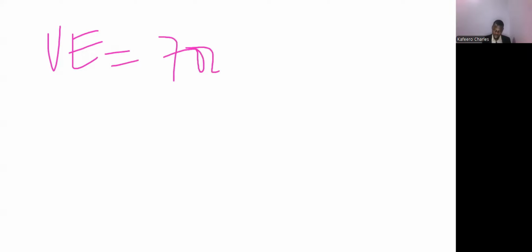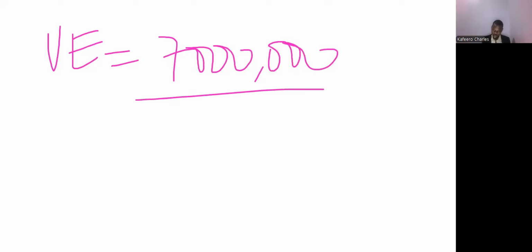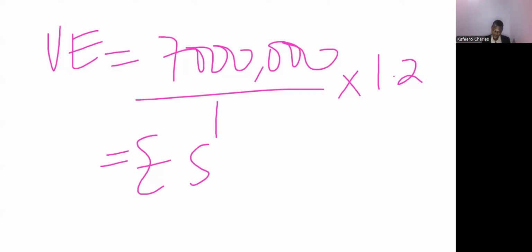So we go to the VE, that is the cost of equity. The book value was 7 million, divided by the par value of 1, times the market value. What is the market? The market is 1.2. So this means that we have 8.4 million pounds.